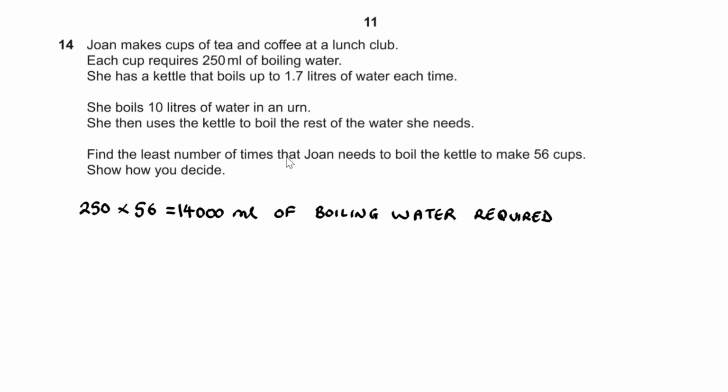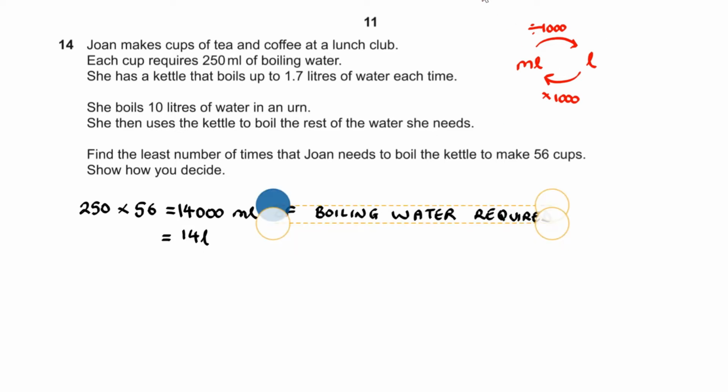We can convert this millilitres into litres. To go from millilitres to litres, we would have to divide by 1,000, and litres to millilitres we'd have to times by 1,000. So if we divide this by 1,000, of course 14 litres of boiling water is required.